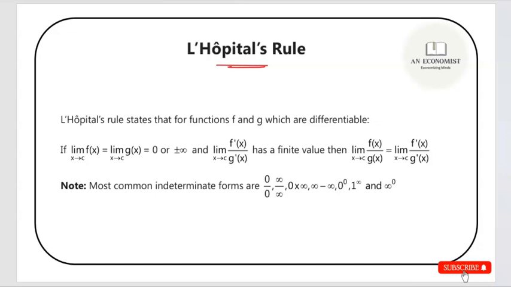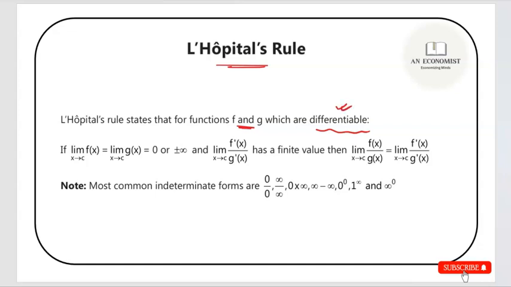What this rule says is that suppose you have two functions f and g which are differentiable. I have not taught you differentiability as of now, but just remember, I hope you know this from your high school lectures, what is differentiability.